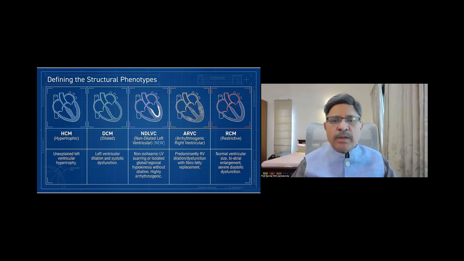And you have ARVC, arrhythmogenic right ventricular cardiomyopathy. There is predominantly right ventricular dilatation and dysfunction with fibrofatty infiltration. This is called ARVC. Finally, the restrictive cardiomyopathy, also known as RCM: normal ventricular size, biatrial enlargement, severe diastolic dysfunction.